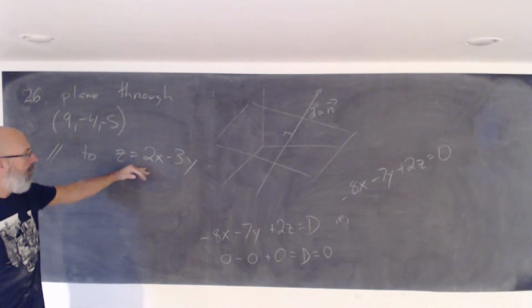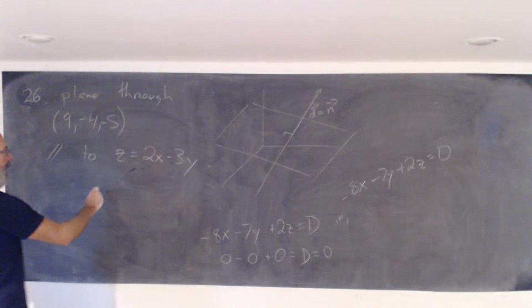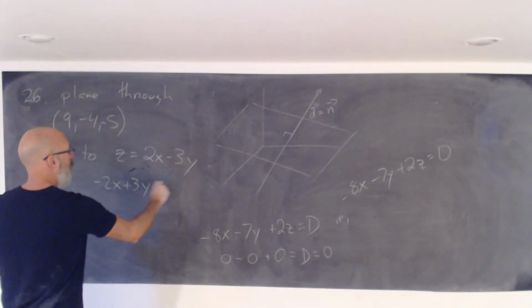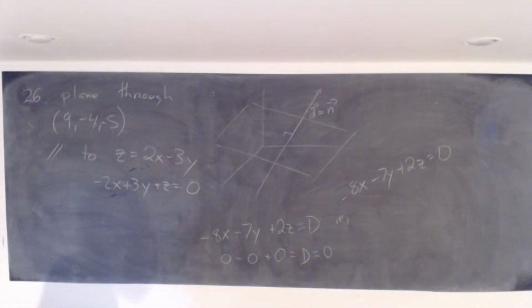What is that? You recognize this. If you bring this over to the other side, this is minus 2x plus 3y plus z is equal to 0. You recognize this as a plane.